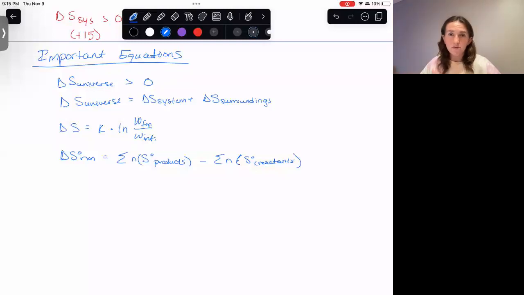Things above 0 degrees Kelvin will always have some sort of entropy, so you probably shouldn't ever have a 0 that you're plugging in for delta S, but you can have a 0 for delta H because the standard enthalpy of formation for an element in its natural state will always be 0. So you can have zeros in delta H, but can't have zeros in delta S.